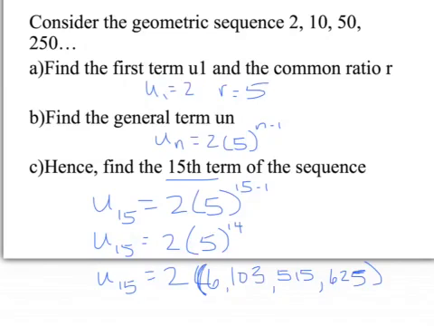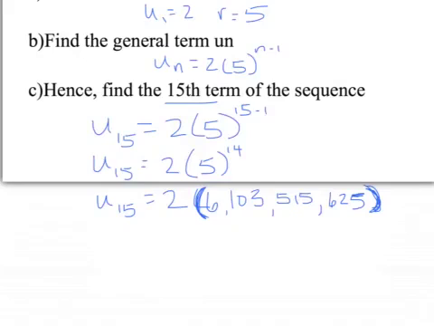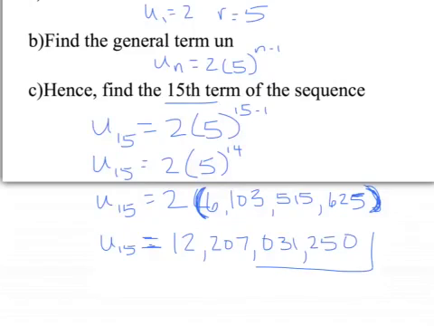Then that's still times 2, so that will be 12,207,031,250. As you can see, geometric sequences increase much, much more rapidly than arithmetic sequences do.